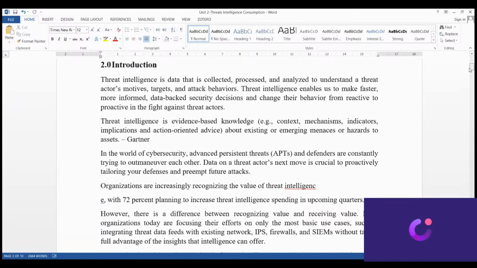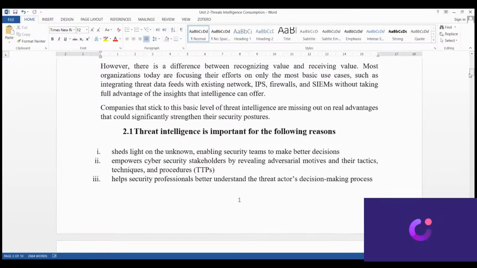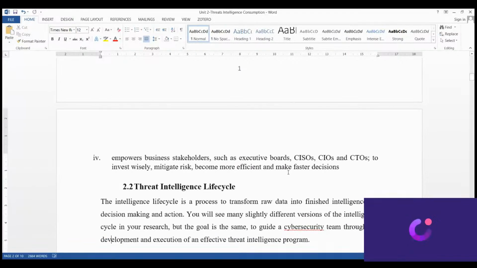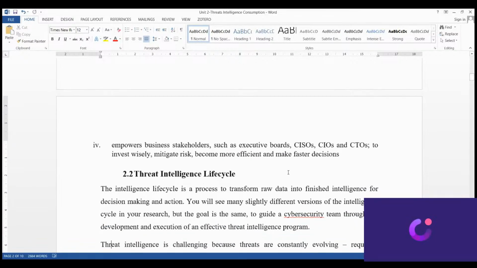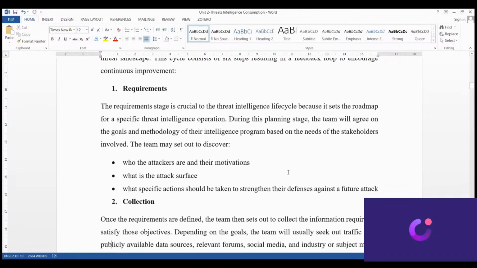We looked at the introduction, what threat intelligence is, and the importance of threat intelligence. Then the threat intelligence life cycle, where we looked at the requirement.